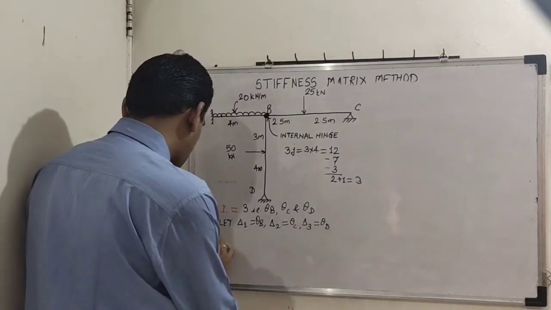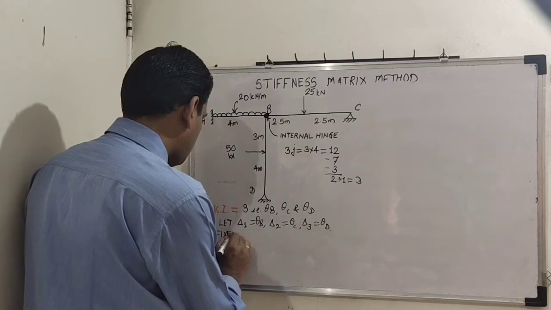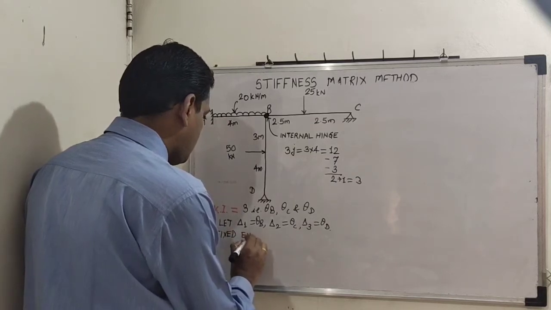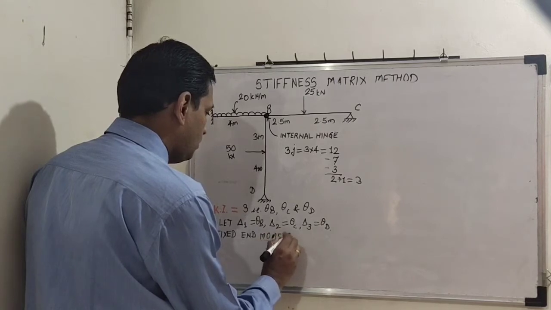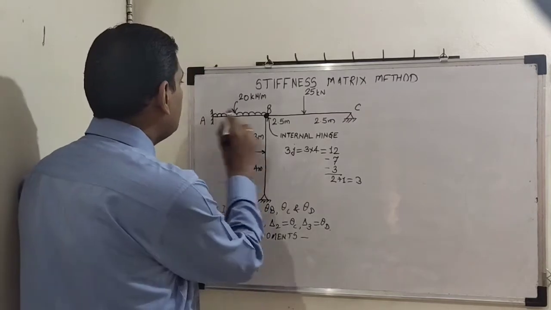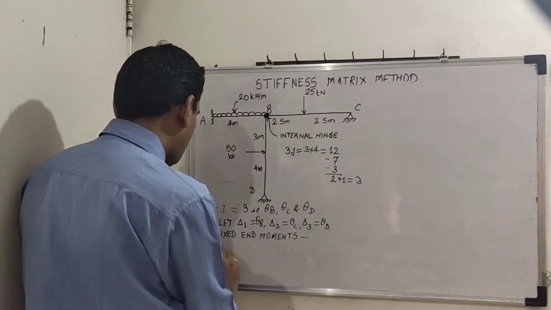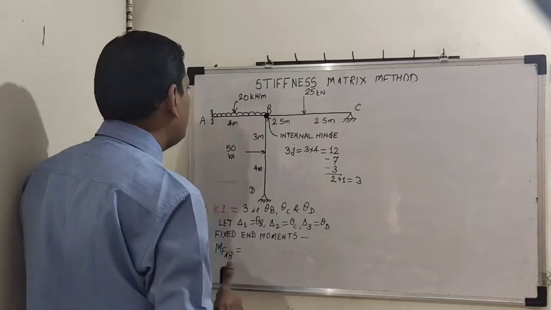Now fixed end moments. So let us find out one by one. First of all, span AB. So MF AB is minus WL square by 12.